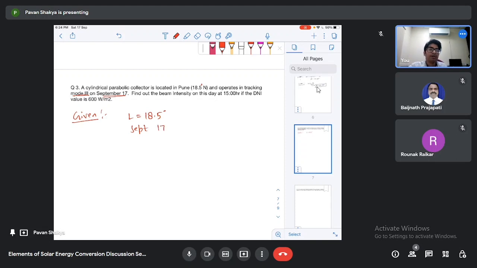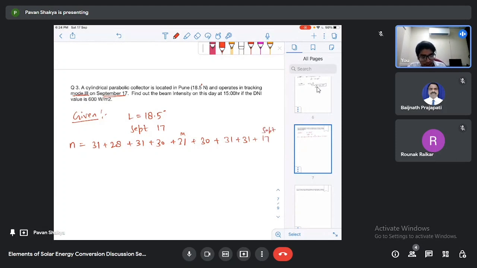So what we can do with this date is compute the angle of incidence. First we have to calculate the n, that will be 31 plus 28, plus 31, plus 30, plus 31, this one is for May, plus 30, plus 17, this one is September.